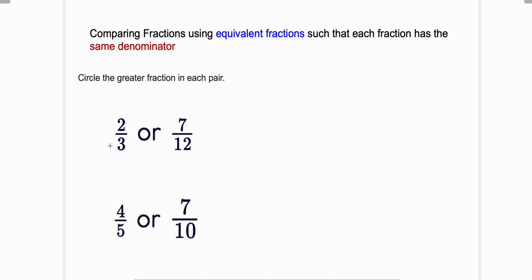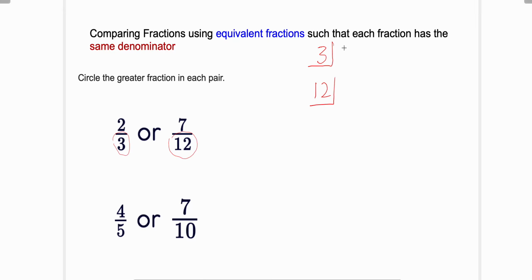Step 1. Let's look at the denominators. We got thirds and 12ths. So you look at the multiples of 3, and you look at the multiples of 12.